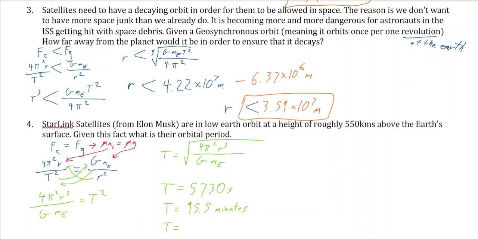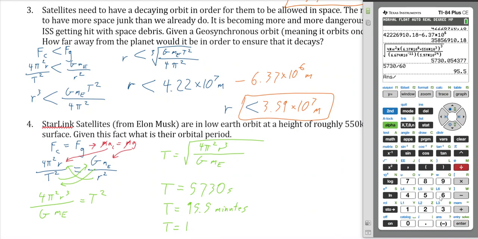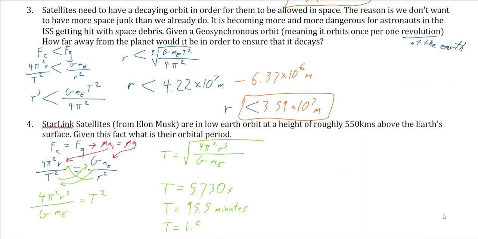Or we could divide by 60 again: 1.59 hours, which equates to 1 hour and 35.5 minutes. Any one of those results is perfectly fine. This is probably the most usable number, the prettiest to answer with.